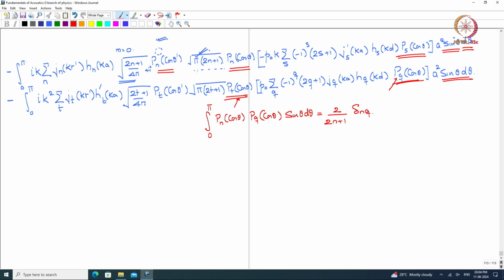So this is the integral I will be looking at: Pn cos theta with n index, Pq cos theta with q index, with sin theta d theta. That will take out the theta integral and replace it with 2 over (2n plus 1) delta nq. Okay, n and q must be the same.